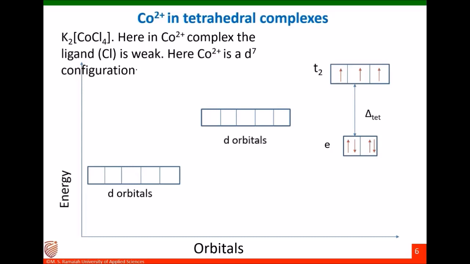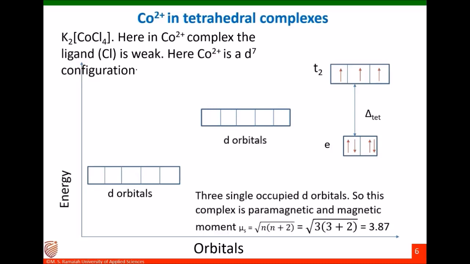Now it is a d7 configuration, so 7 electrons should be filled. First one electron each should go to e orbitals, then t2 will be filled one each, then again e will be filled. So here there is no internal pairing. Now you can see here 3 single occupied d orbitals are there, so the complex is paramagnetic, and the magnetic moment we can calculate as root of n into n plus 2, equal to root of 3 into 3 plus 2, equal to 3.87.